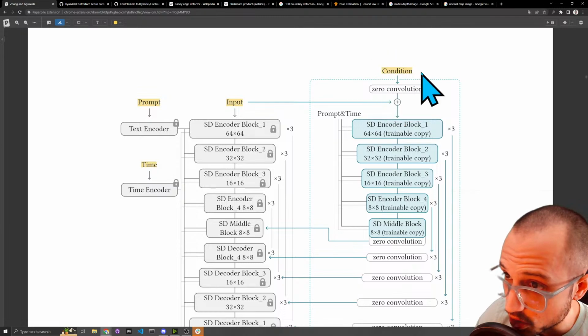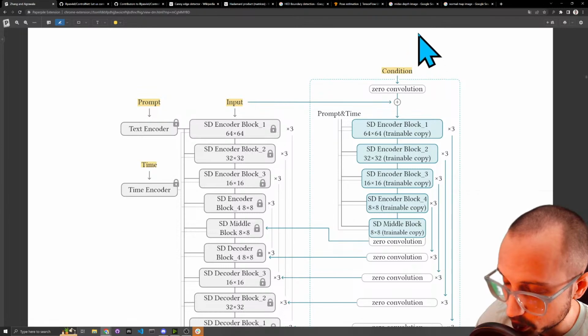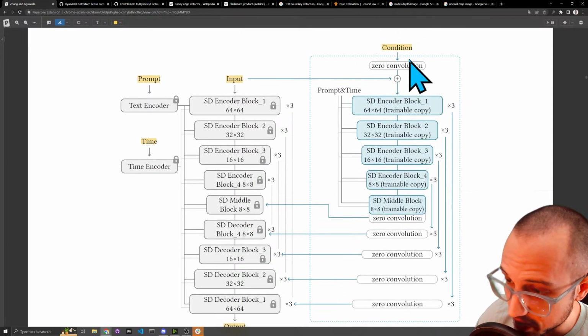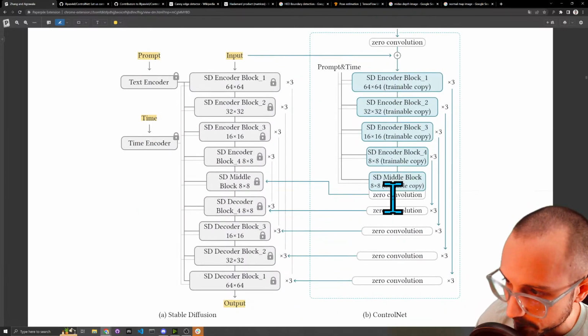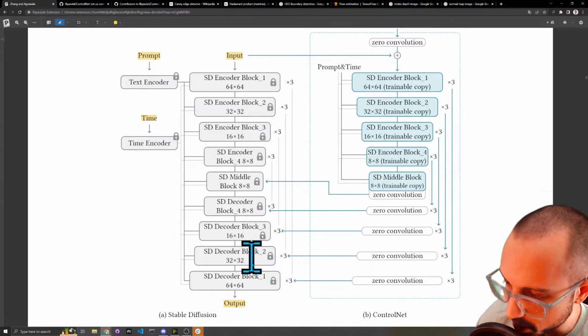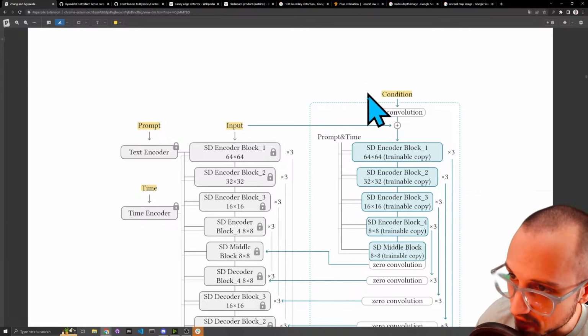And then you're taking an image, such as a Canny edge image. You're first turning it into a latent, the same way that you would turn your image into a latent. And then you're using that latent, I think what they call here a condition, to condition via the ControlNet all the different parts of the diffusion model here. And you can use anything here, right?